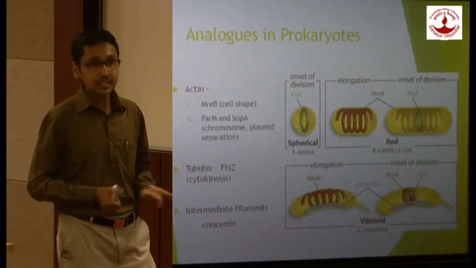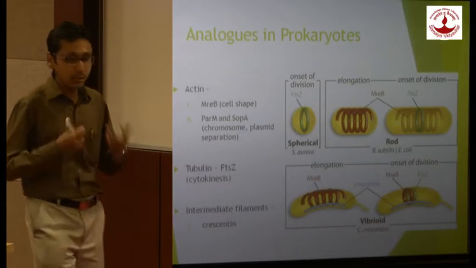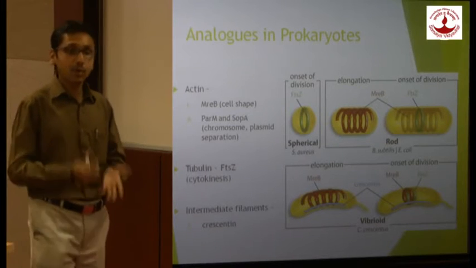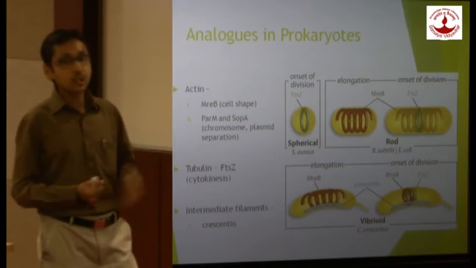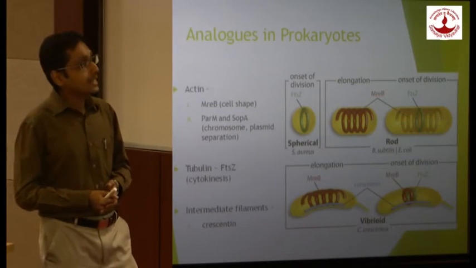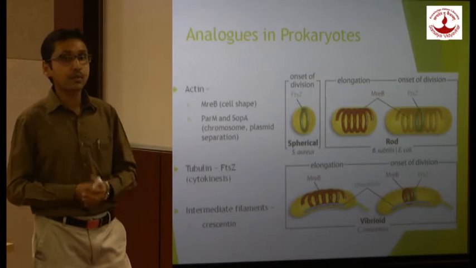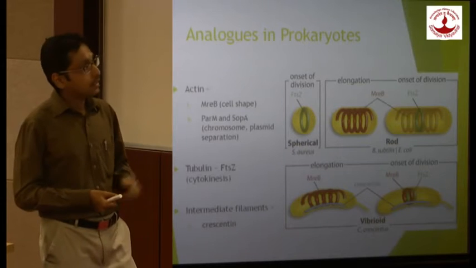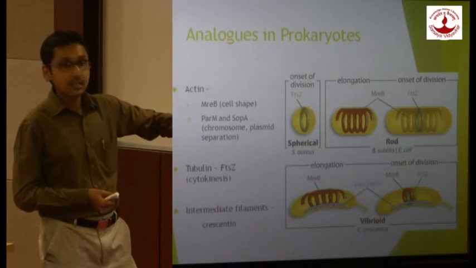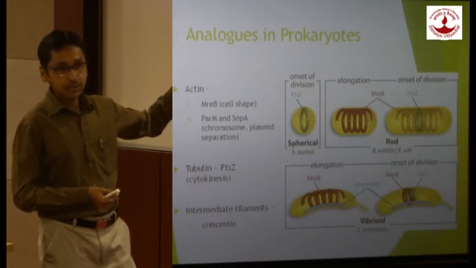Obviously there was evidence. Based on the evidence, they looked for these proteins in prokaryotes, but they couldn't find them. But over the past two decades, it has become clear that there are analogs of cytoskeleton elements found in prokaryotes as well. And there are three cytoskeleton elements that you've seen in eukaryotes.